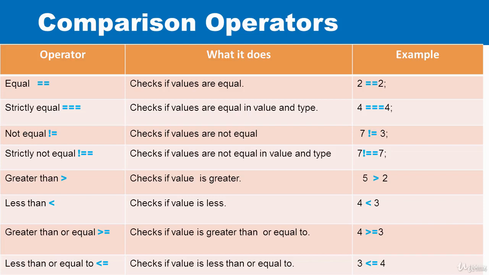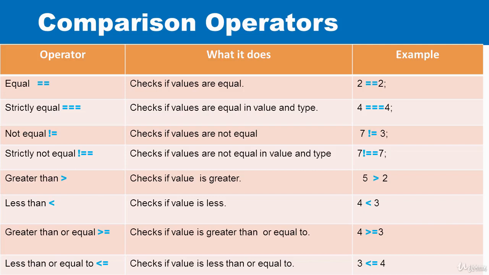If you want to compare if two values are equal, you use the equal to operator. If you want to check if values are equal both in value and data type, you use the strictly equals to, which is represented with a triple equal sign. A single equal is used to assign a value.